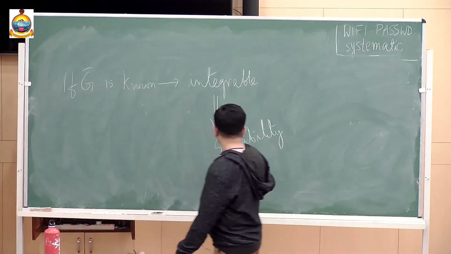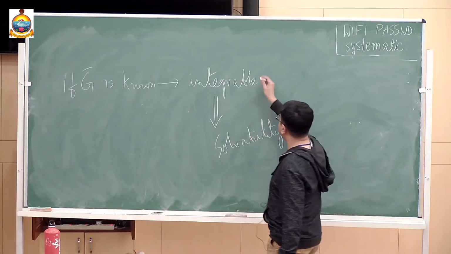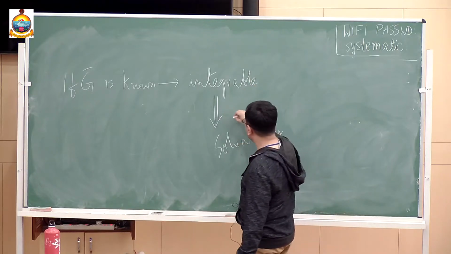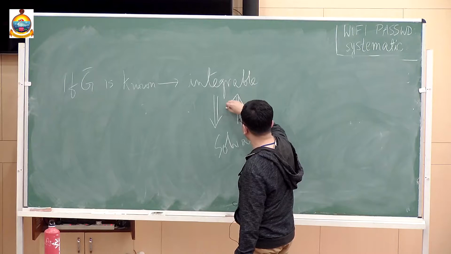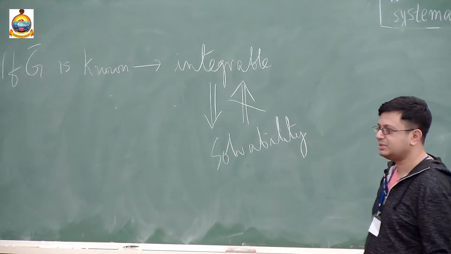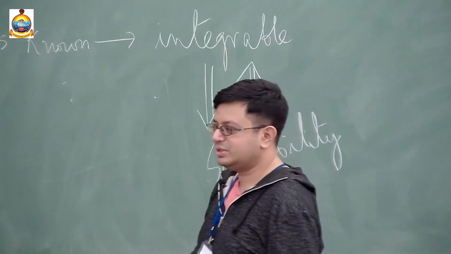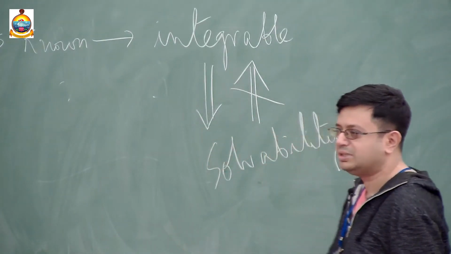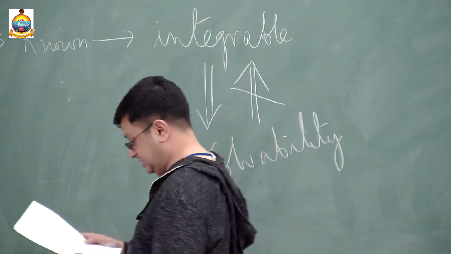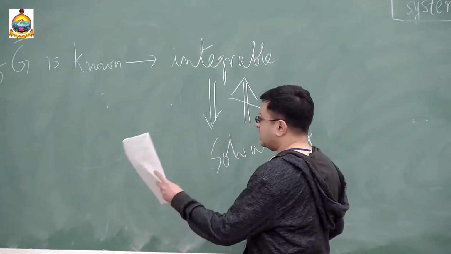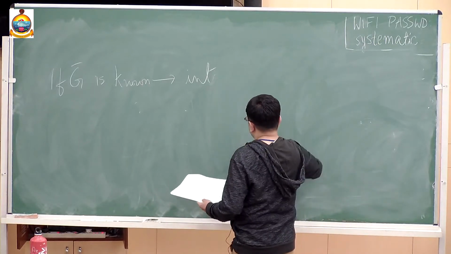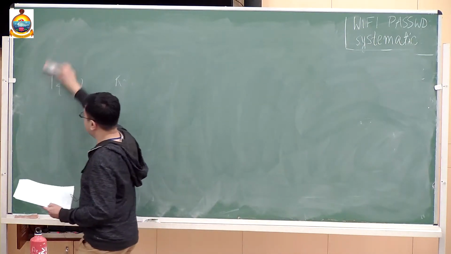So integrability implies solvability, but this way it doesn't work. Obviously solvability doesn't imply integrability. If I am able to tell you where the system is going to be after 2 minutes, it will not give me a general expression. I will come to more precise definitions, as I said, of integrability in a later part of the course.